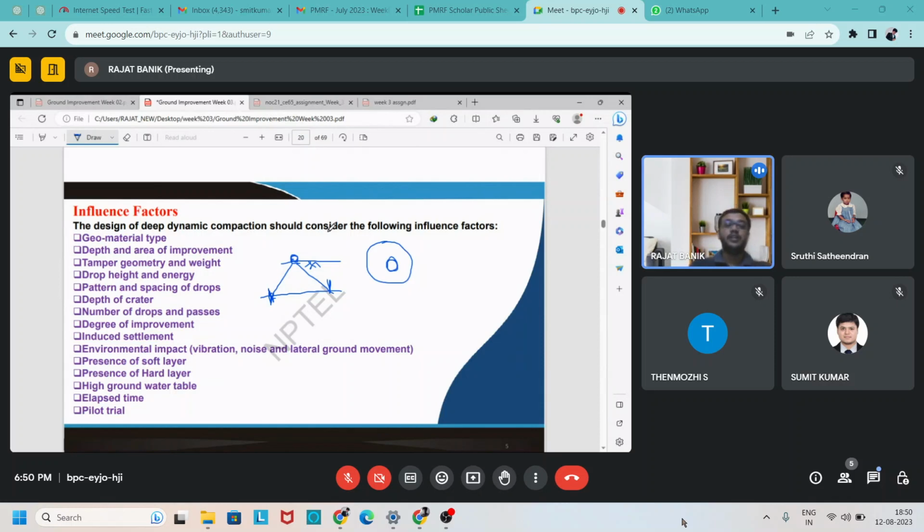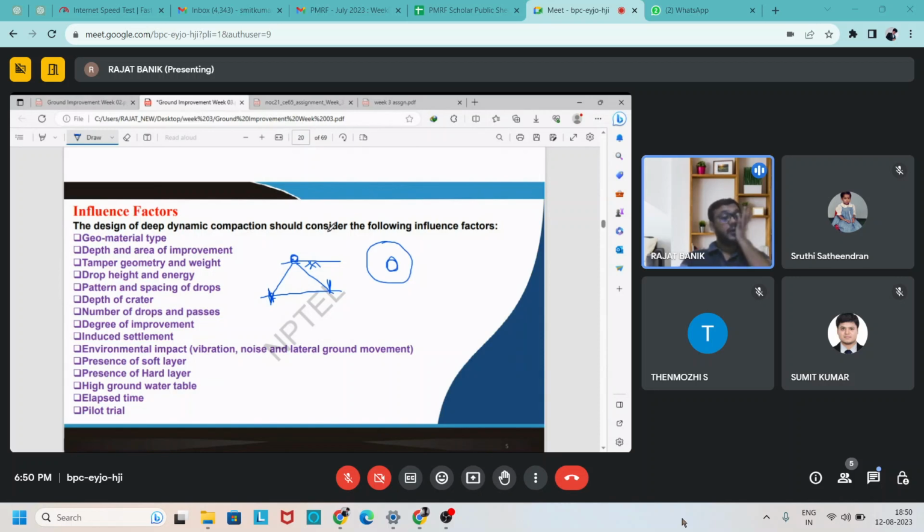Drop height: we know that if the drop height is more, the potential energy is more. So more energy is transferred to the ground surface. So drop height is also a governing factor in deep dynamic compaction.